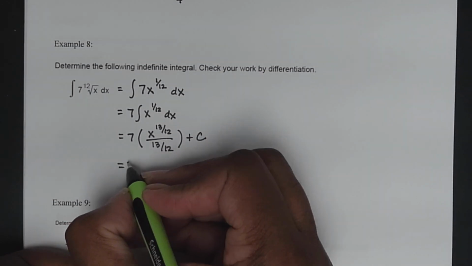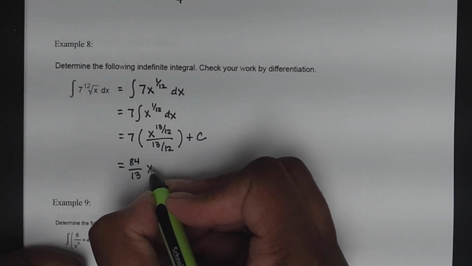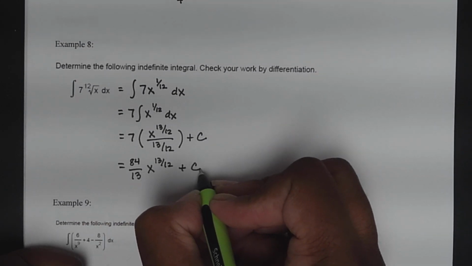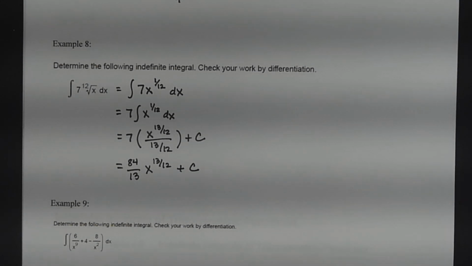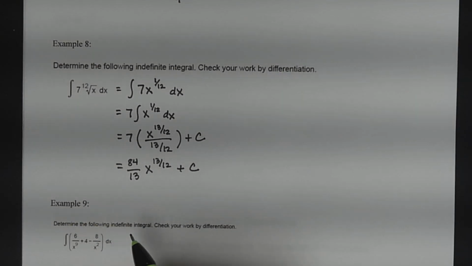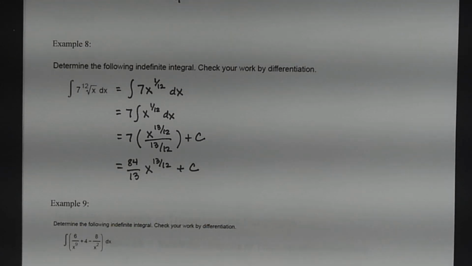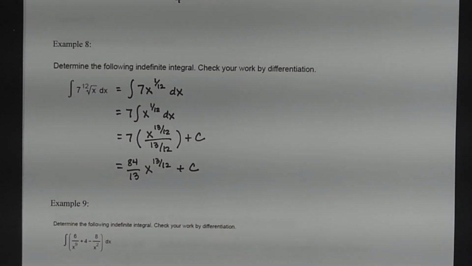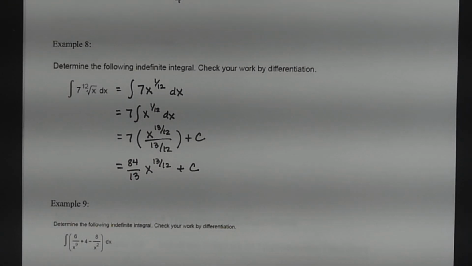So this would be 84/13 times x to the 13/12 plus c. And now, again, I'll leave the check up to y'all. So pretty much, you should be able to get, let's say, this back. If you get that back, then that tells you that you have done the integration correctly.